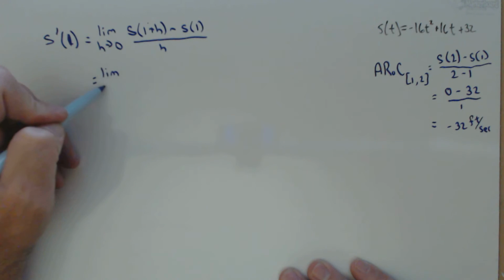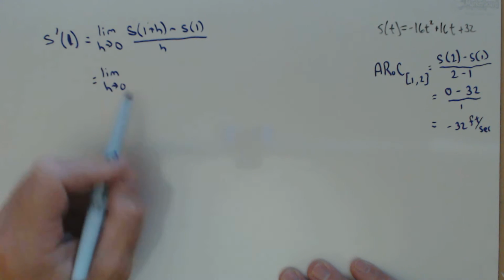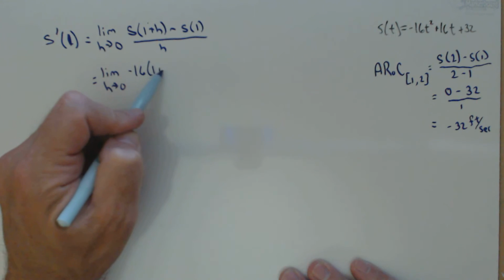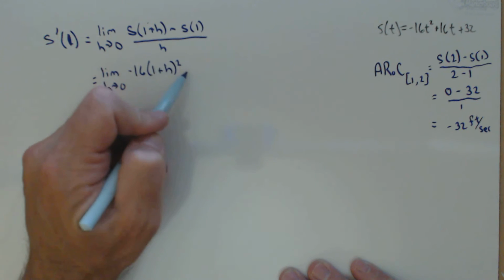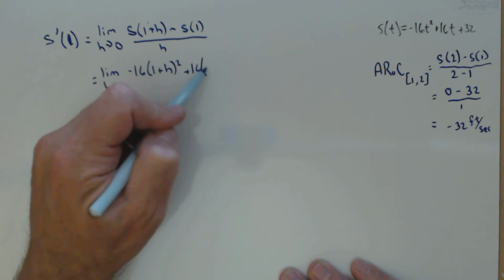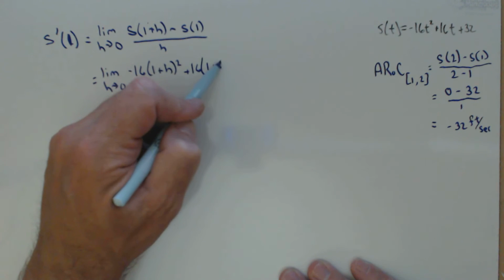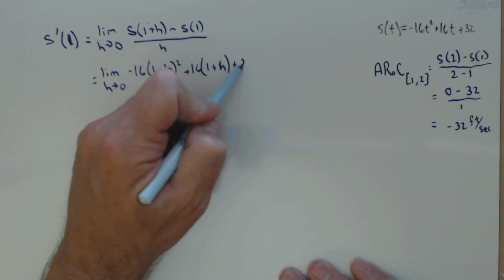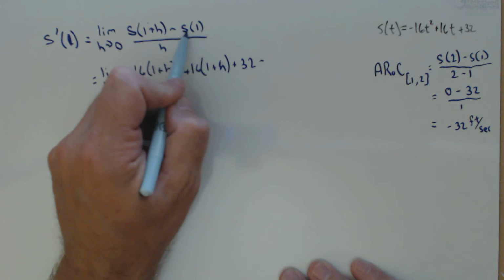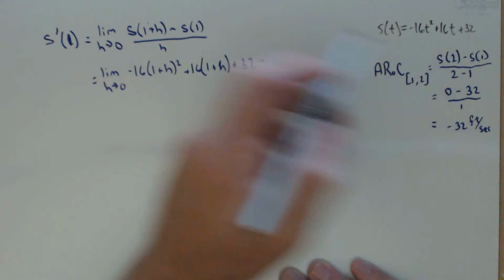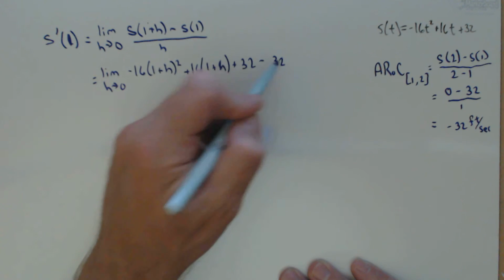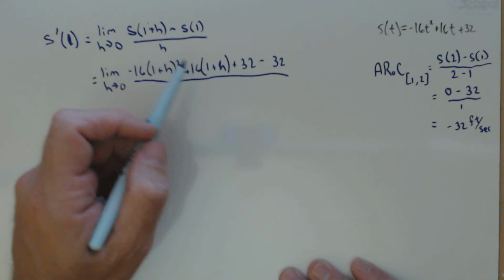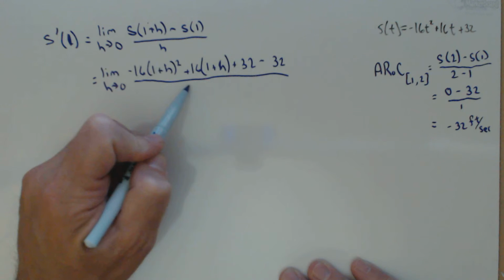Now applying that to our function, we get the limit as h approaches 0. S of 1 plus h is negative 16 times 1 plus h, the quantity squared, plus 16 times 1 plus h, plus 32 minus s of 1, which we calculated earlier, which was 32. All over h.